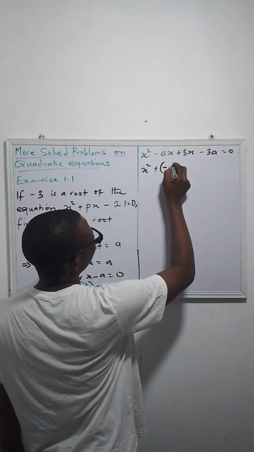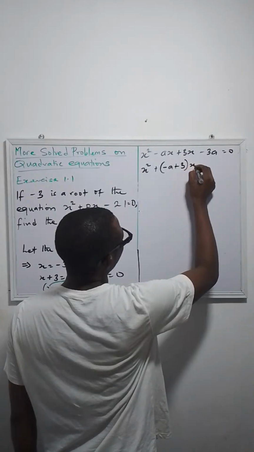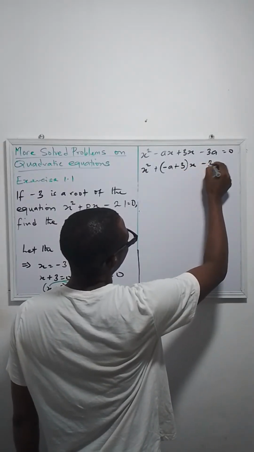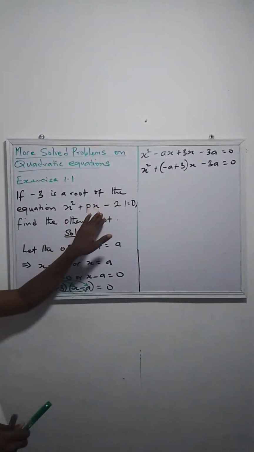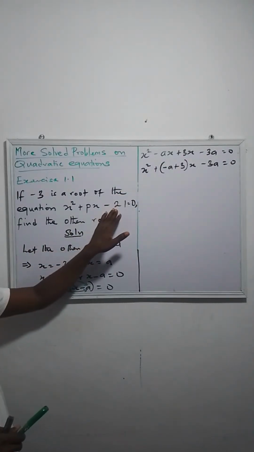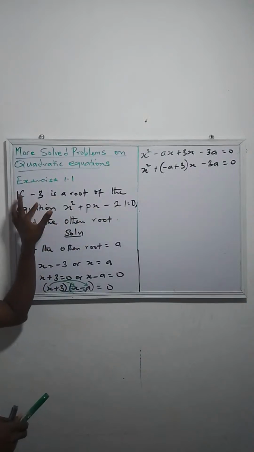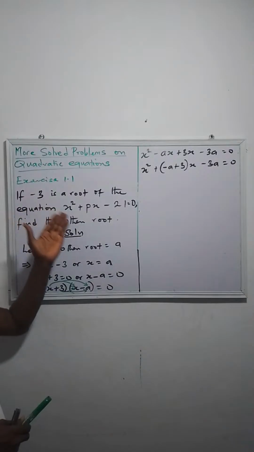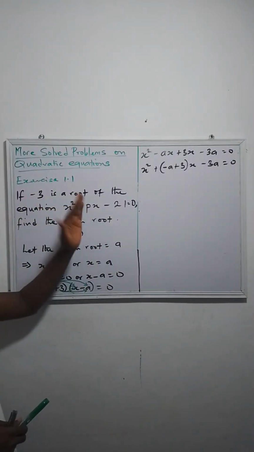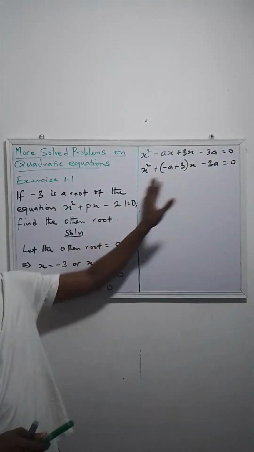So this equation and this equation are the same thing, because the roots of this quadratic equation are negative 3 and a, which we assumed earlier. Once you use them to form an equation, it must give you this. So it means that this equation is equivalent to this, and we can just make some comparison.